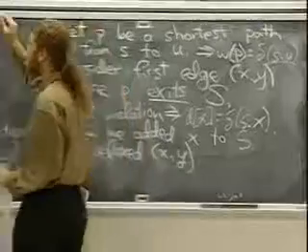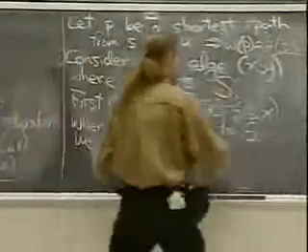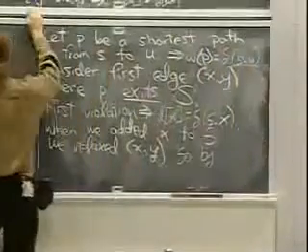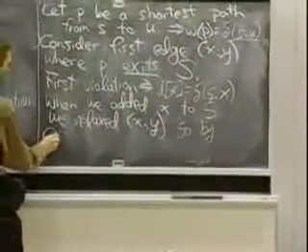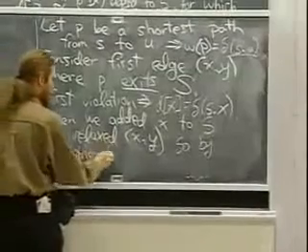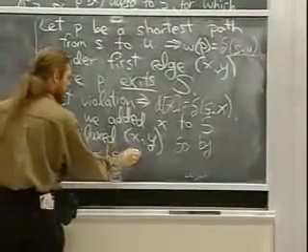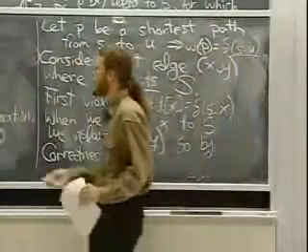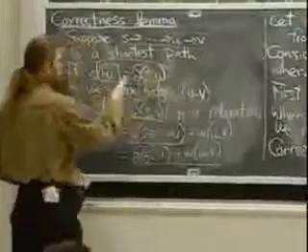Okay, so now we're going to use the lemma. By the correctness lemma, what do we get? Well, we had this correct shortest path weight to x.